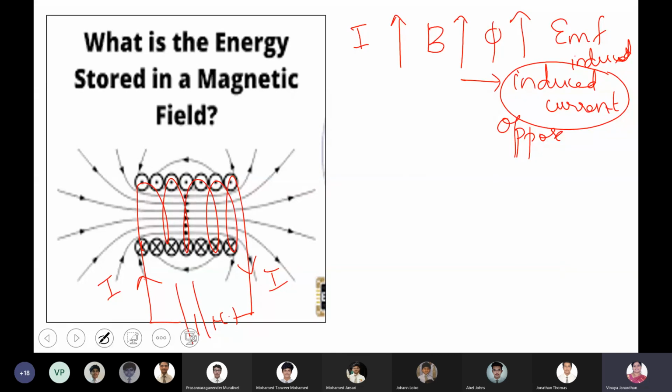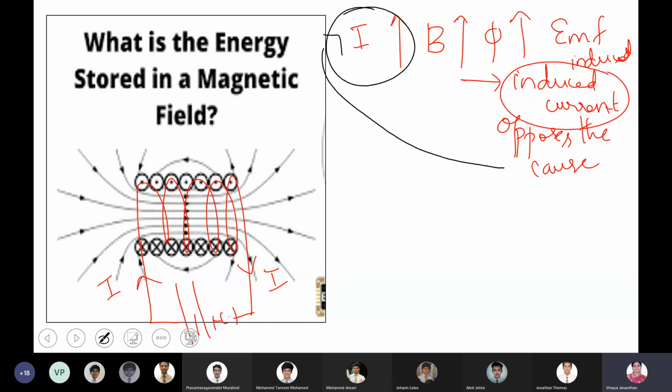Now, what is the nature of this induced current as per Lenz's law? This induced current opposes the cause which is producing it. Now, what is the cause which produces it? The cause is the increasing current. The induced current doesn't want the current flowing through the coil to increase.